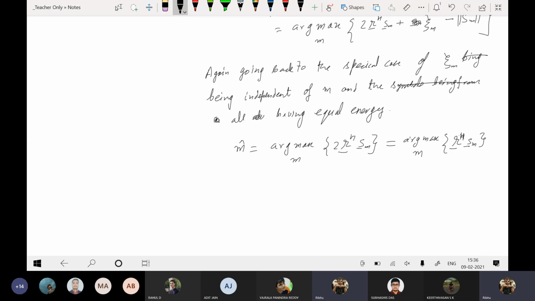Sir, so is this another way to write the same thing that we derived in the last lecture? This is for equal energy signals, if SM comes from a circular constellation.